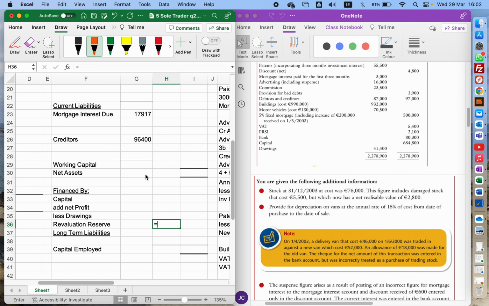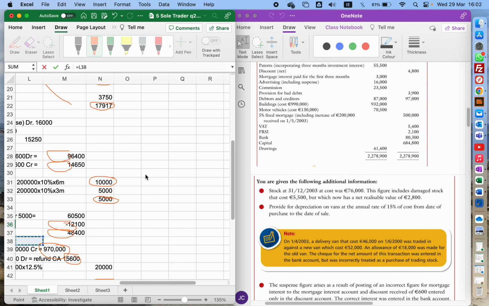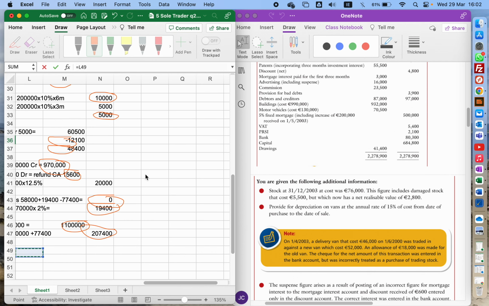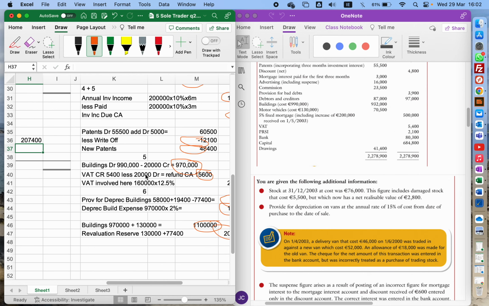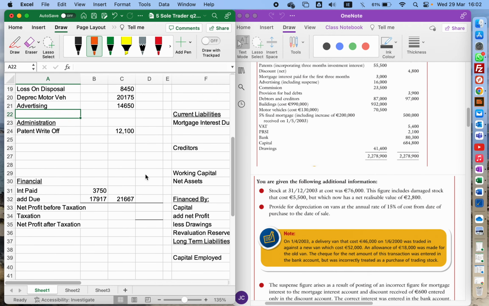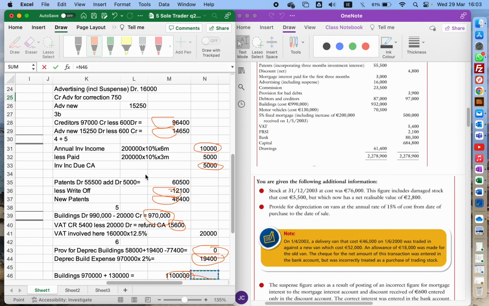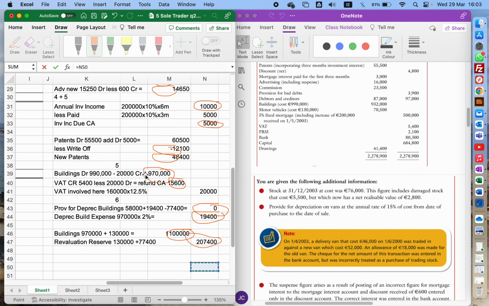And that's going to be the total figure, the 207,400. And then the last thing I have is my depreciation expense, 19,400.